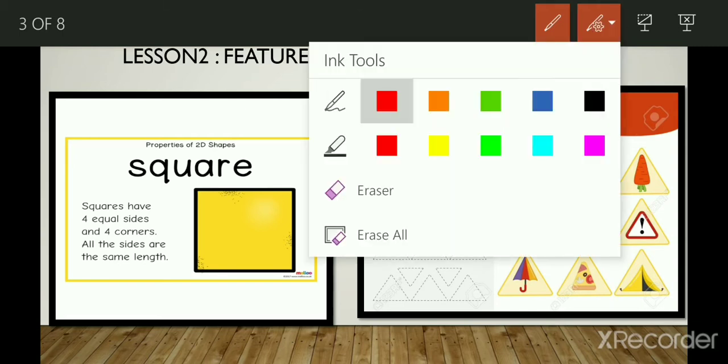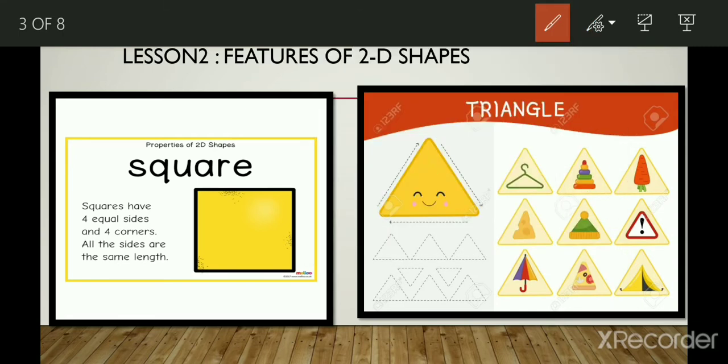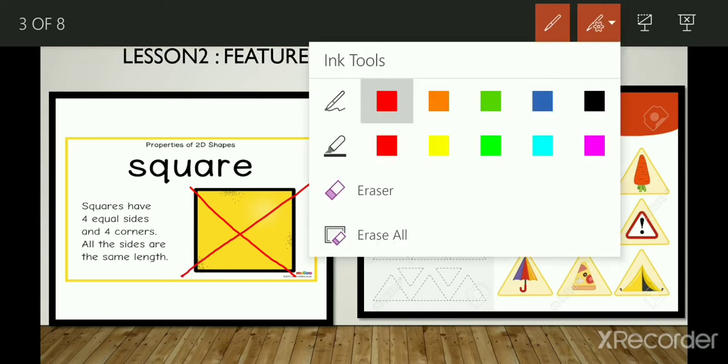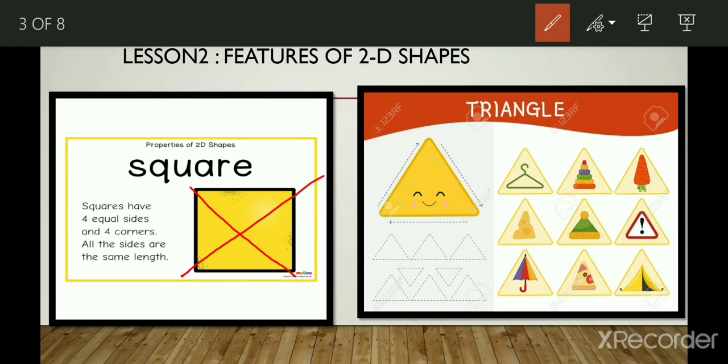So what have we learned about a square and a triangle? That a square has 4 sides, 4 corners and how many diagonals? 1 and 2. Yes, so we have 2 diagonals for a square. Now tell me whether any diagonal is possible in a triangle.